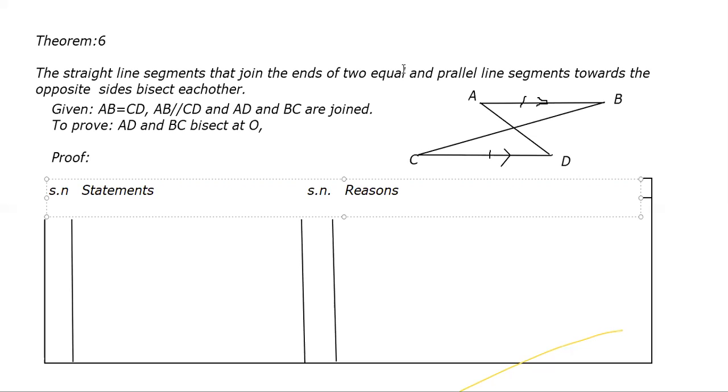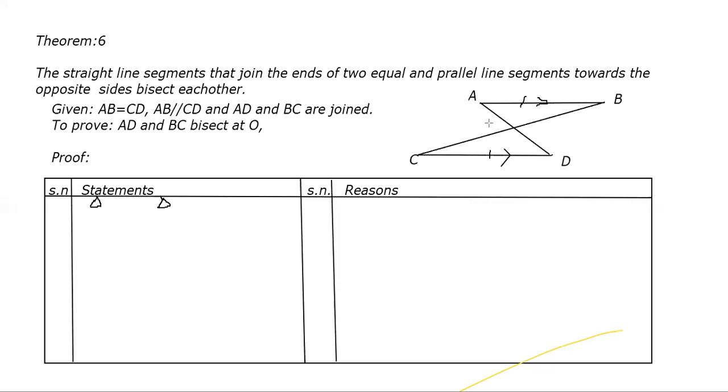Here, they bisect each other at O. You have to prove these two lines bisect each other at O. It means AO and OD equal, CO and OB are equal.